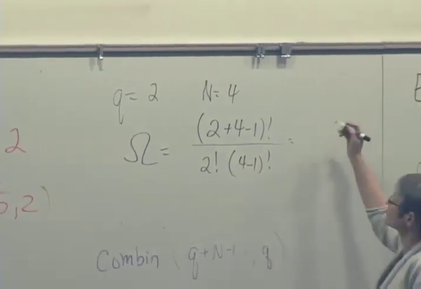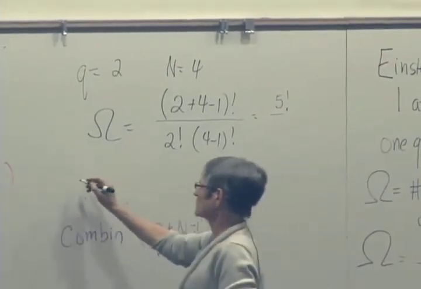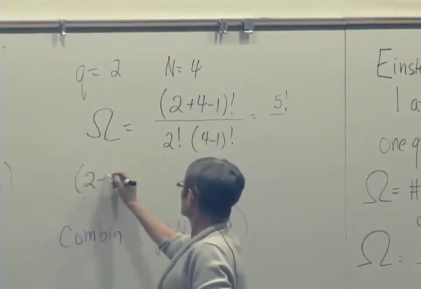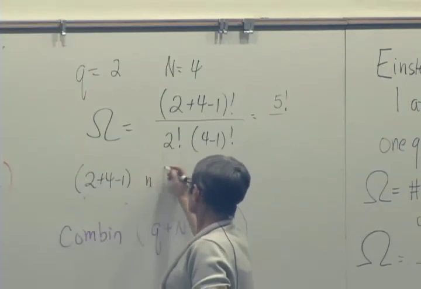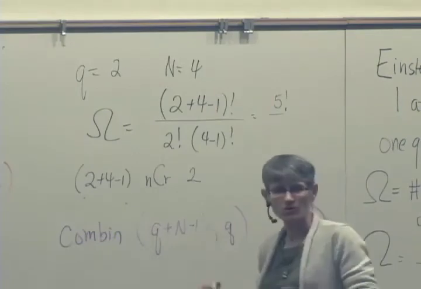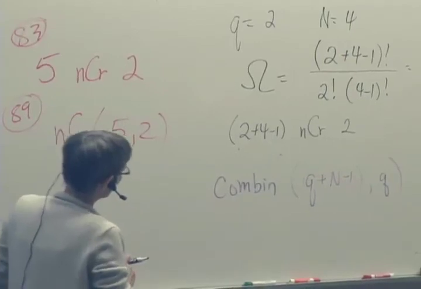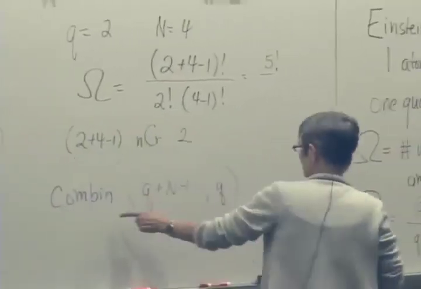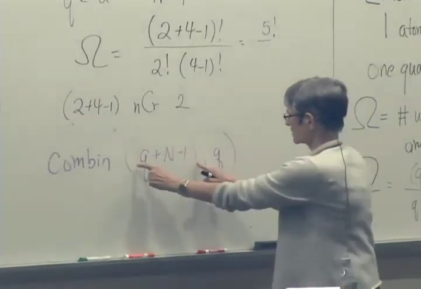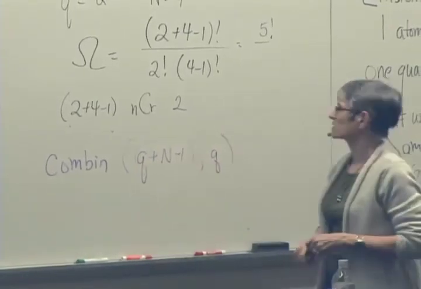So that came out to 5 factorial. And what you typed in, presumably, was 2 plus 4 minus 1, NCR 2, or some variant of that, right? Because the definition says that the way the combin function works is that the first number is Q plus N minus 1, and the second number is Q.